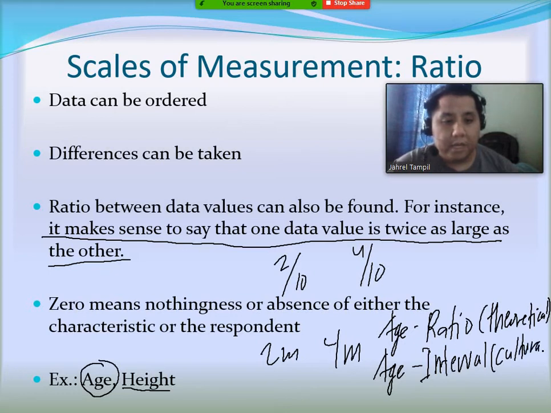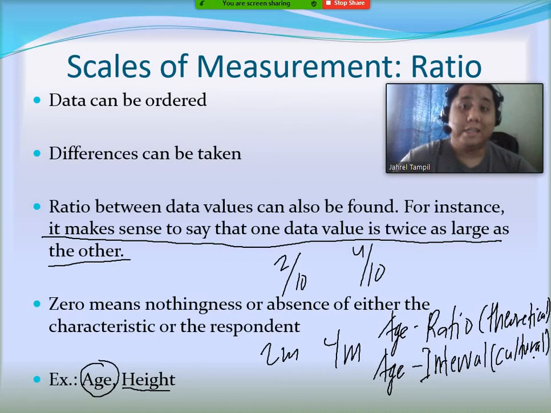So you have to be extra careful, because in some cultures, once you are conceptualized and inside your mother's womb, you are already considered 1 year old. This is something cultural and we cannot ignore that. That makes age interval data. So interval data and ratio data are quite flexible to each other, and in most cases, the basic statistical tests will allow both interval and ratio data.